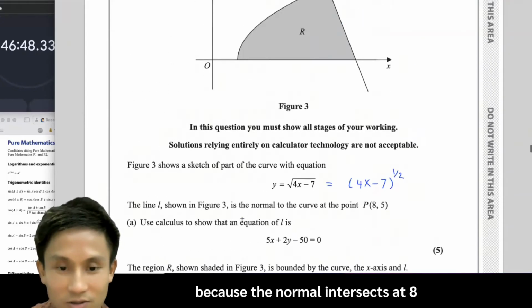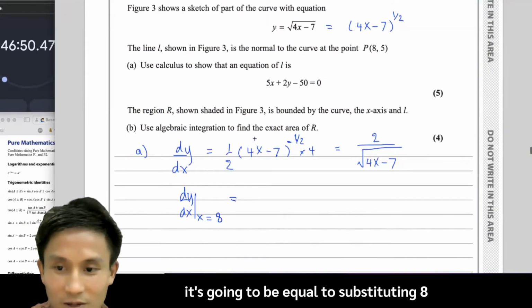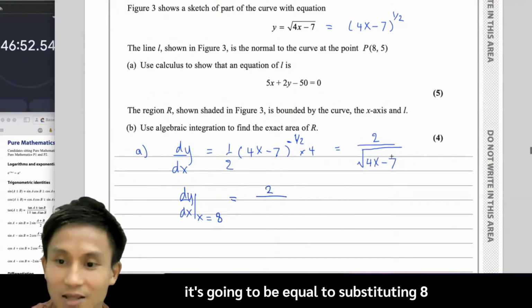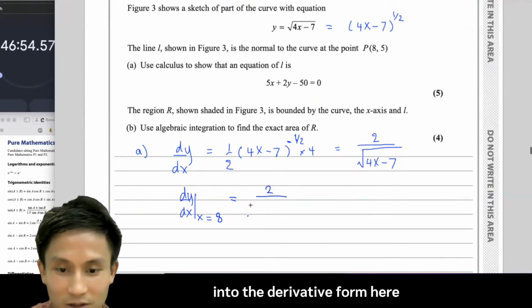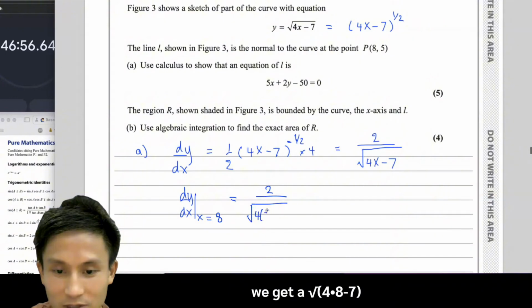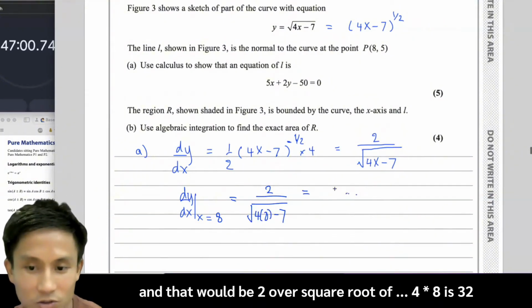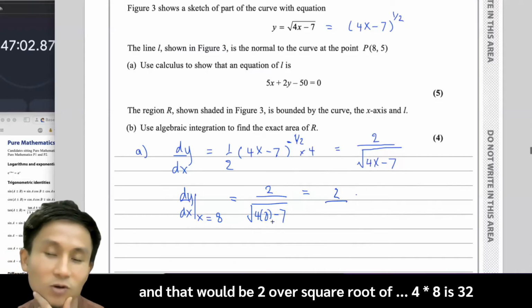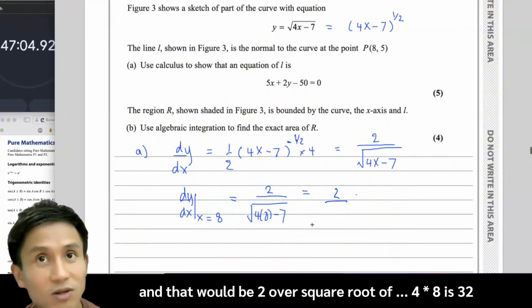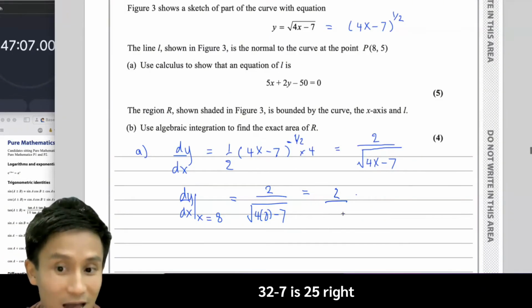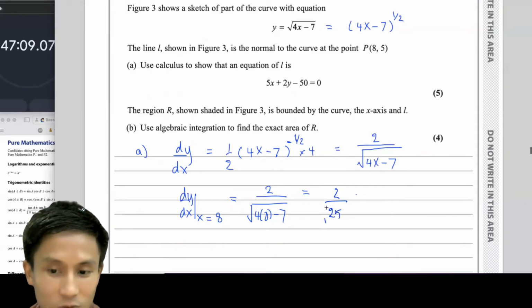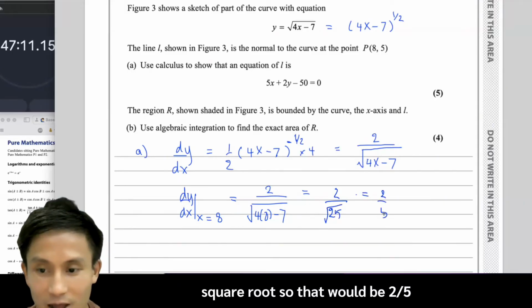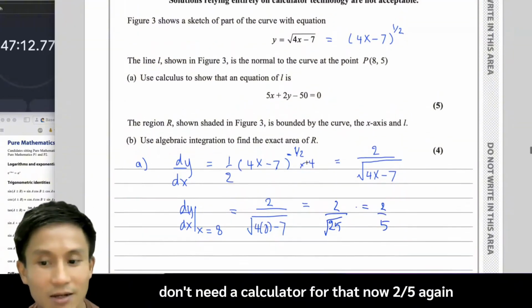Because the normal intersects at 8. Substituting 8 into the derivative, we get 2 over the square root of 4 times 8 minus 7. 4 times 8 is 32, 32 minus 7 is 25, square root, so that would be 2 over 5. Don't need a calculator for that.